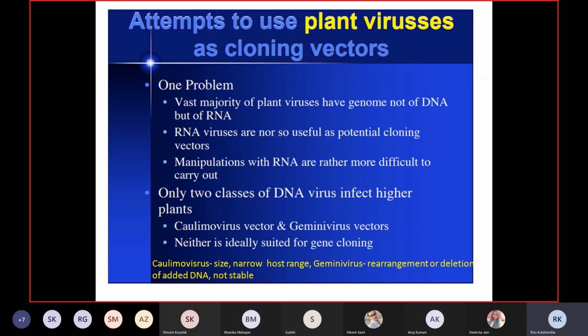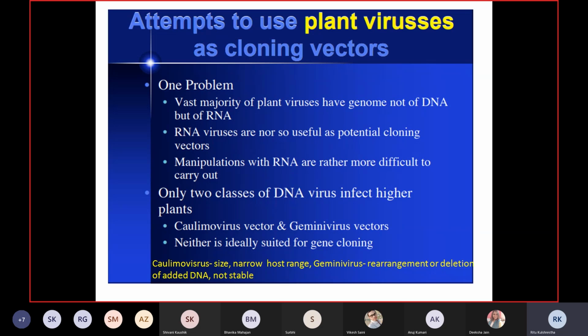But do we have the ideal plant viruses as vectors yet? No. The two most commonly used ones are caulimovirus vector, and another is Gemini virus. These two viruses are used as vectors for transfer of your gene of interest into the plant cell, but they come with their own advantages and disadvantages.